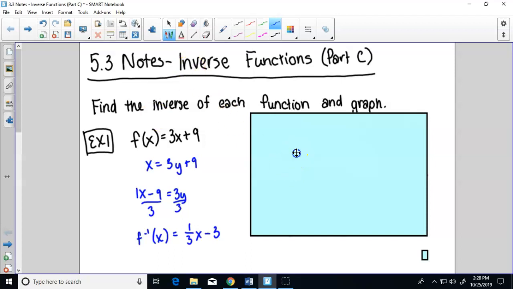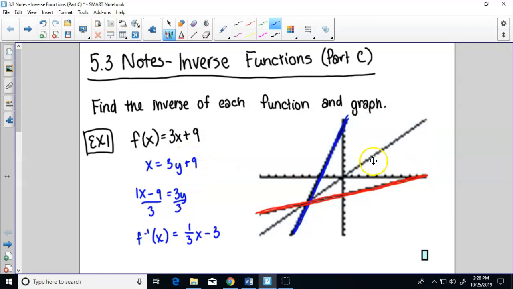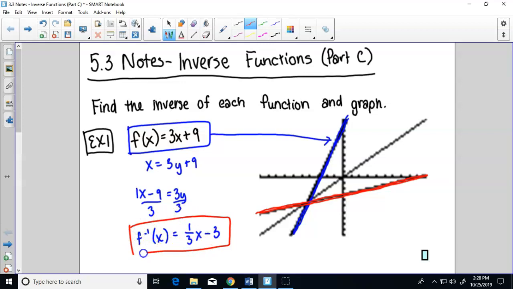I've already got this graph here, you don't have to copy it, but if we graph this, the blue graph here is f of x equals 3x plus 9, then the inverse is the red graph right here.